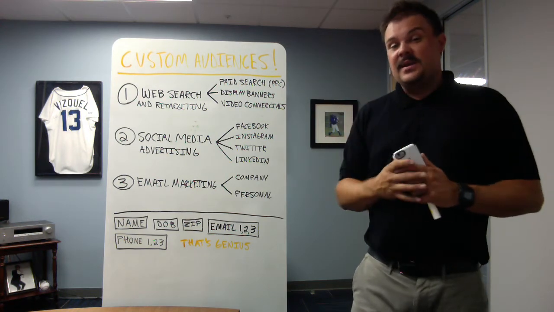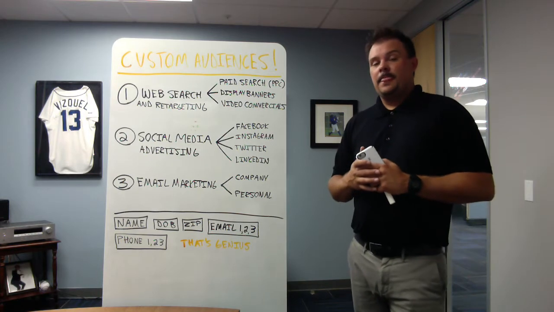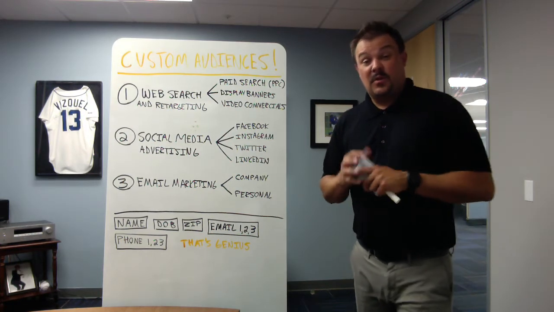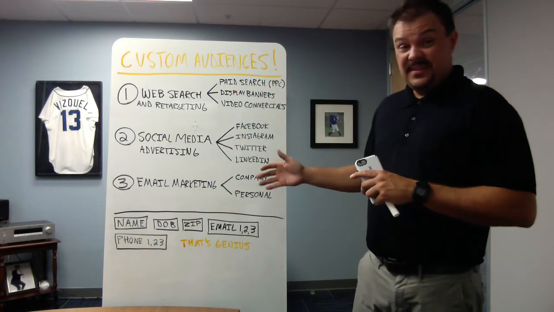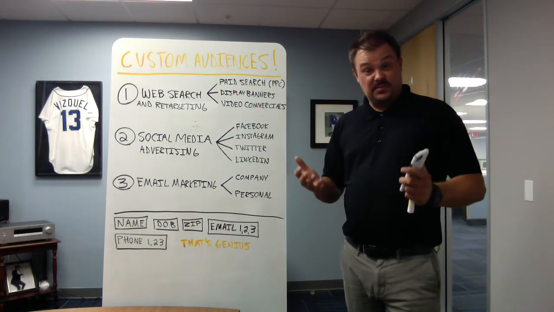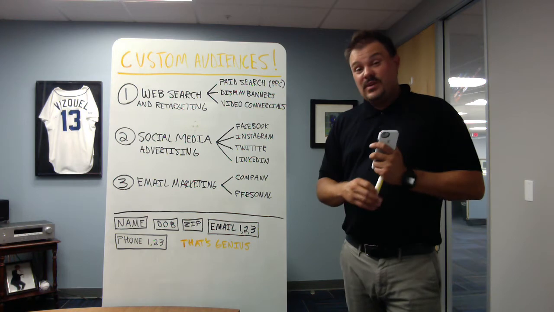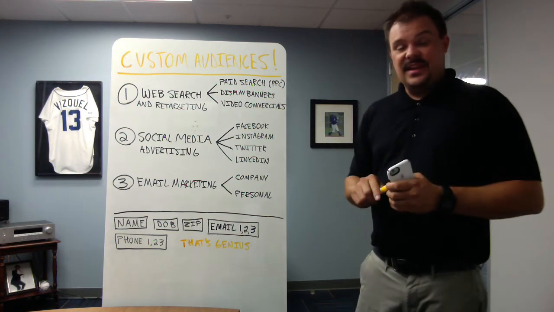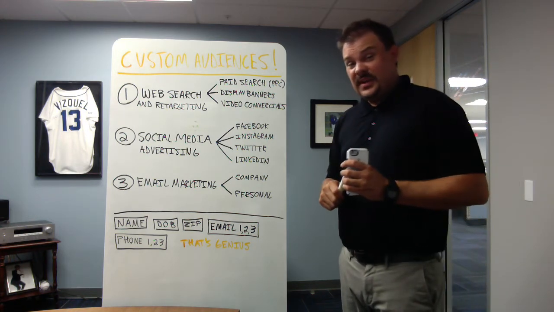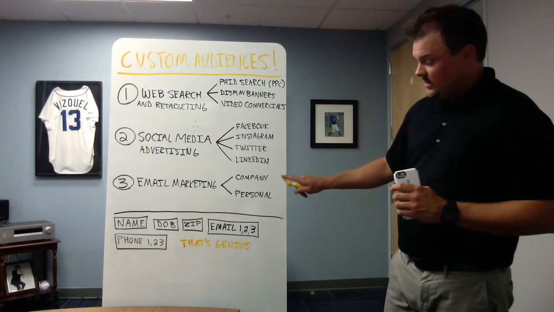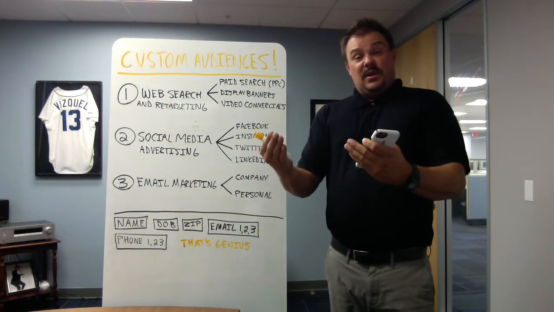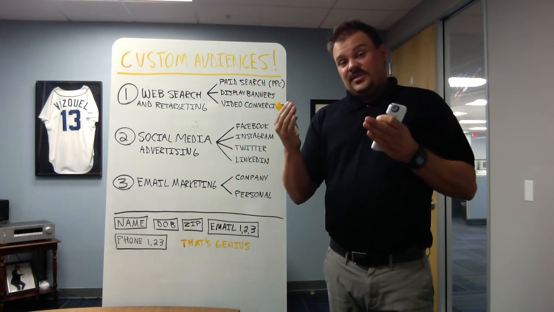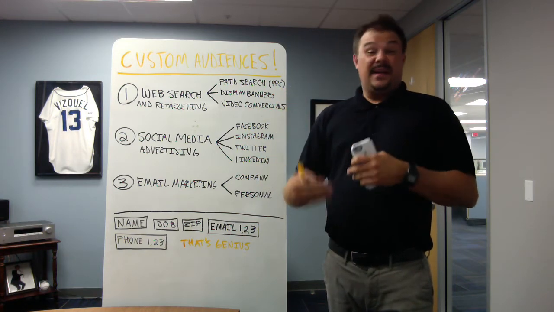All right, number 3, email marketing. So this may seem simple. Email marketing is actually the most complex of all of the different methods of engaging customers digitally. It's really important that once you get that list, you communicate with a combination of company emails and personal emails. What do I mean? If I send an email out to you as Giant Partners, it comes from Giant Partners, and it might have some great video.